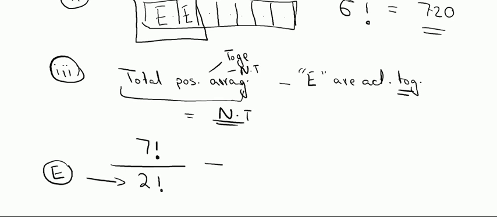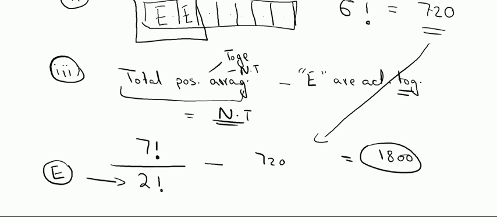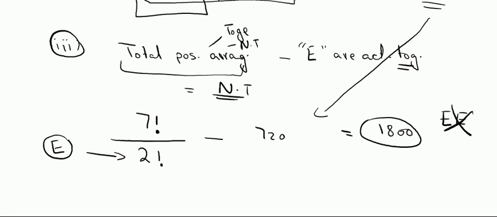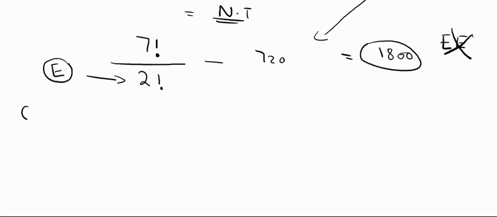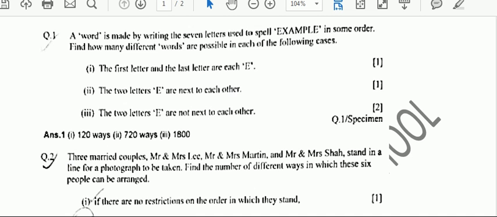Less the 720 we calculated in the first part, so this will be left with 1800. So there are 1800 possible ways in which both E letters will not be together, which is absolutely the opposite of what we did in part number 2. Moving on to question number 2.